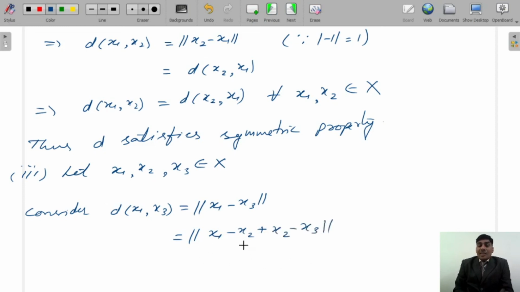Add x2 and subtract x2, there is no change, which is less than or equal to norm of x1 minus x2 plus norm of x2 minus x3, which is equal to d(x1, x2) plus d(x2, x3).